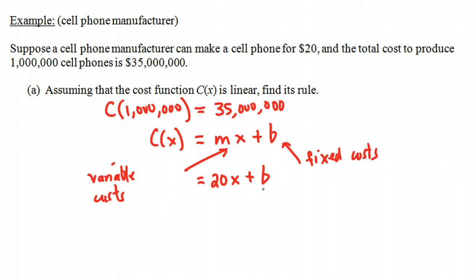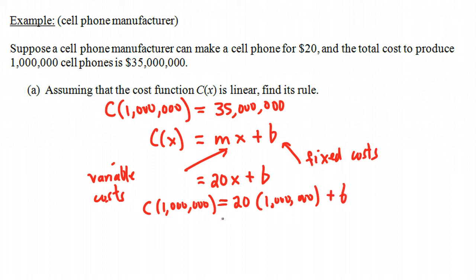Now the question is, what is b? We are told that c of 1,000,000 was 35 million, but we have that c of x is equal to 20x plus b, so c of 1,000,000 should be 20 times 1,000,000 plus b, which would be 20 million plus b.